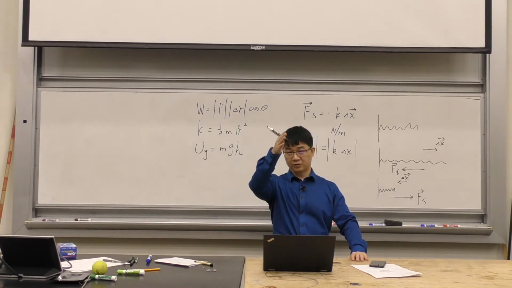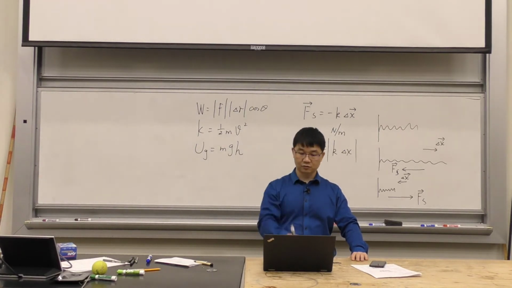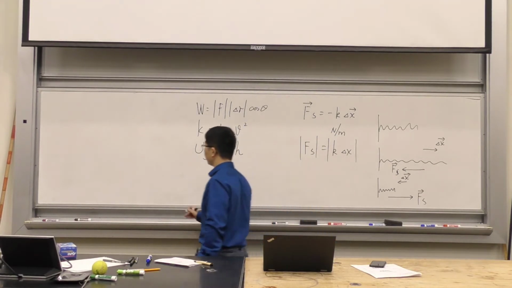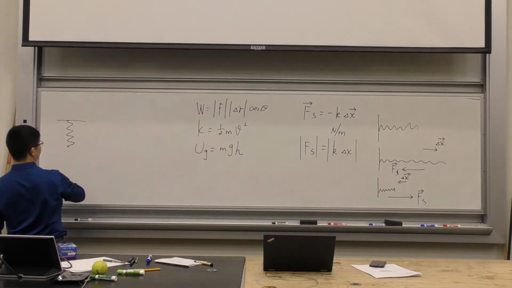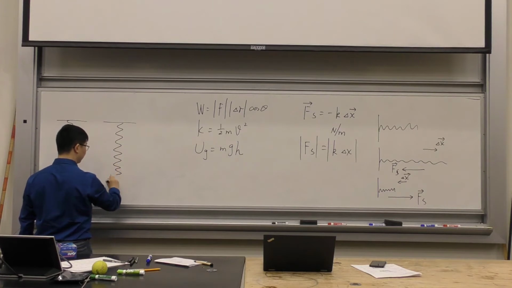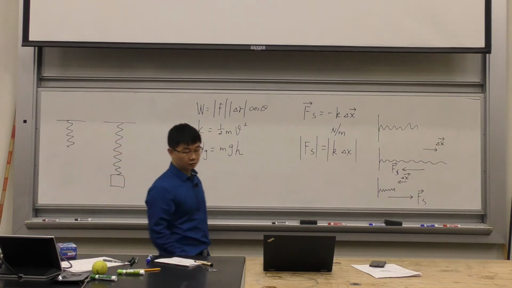Then, of course, the spring is going to be stretched because the object has gravity. Gravity is down, so it's going to pull this spring down, like this. So this is the original length of the spring, and then you attach an object to the lower end.